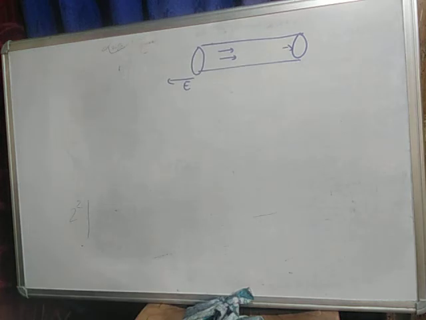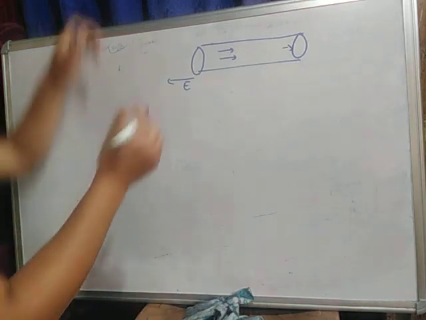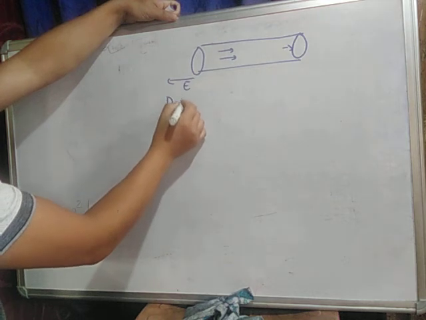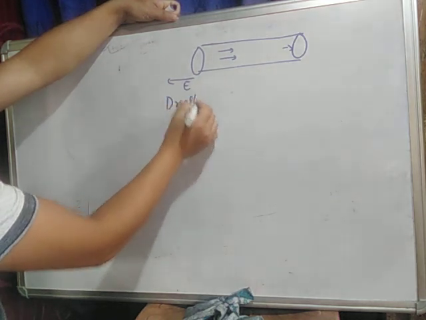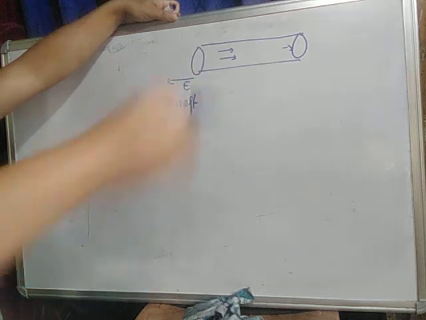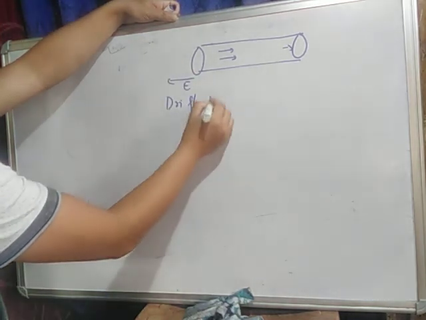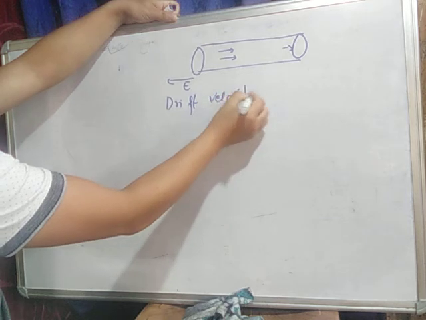So now let's write drift velocity, or you can say drift speed also.